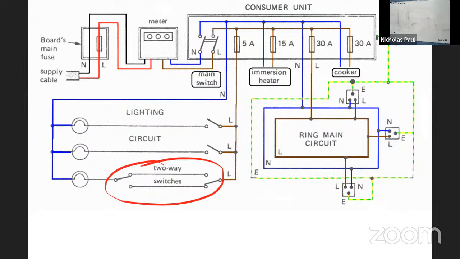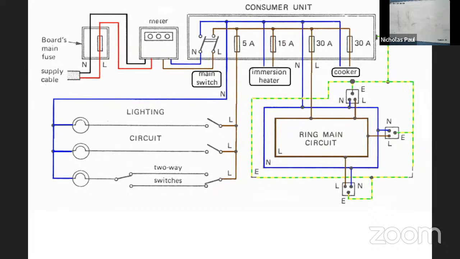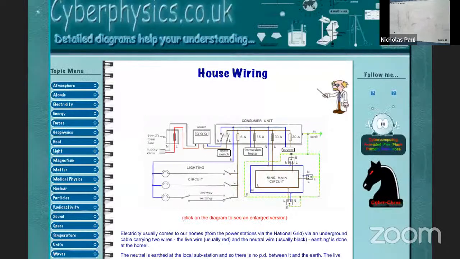That's an example of how the wiring looks for a 2-way switch. You can turn it on or off downstairs, and on or off upstairs. So you have your little 2-way switch here. I just wanted to show you how that will work.